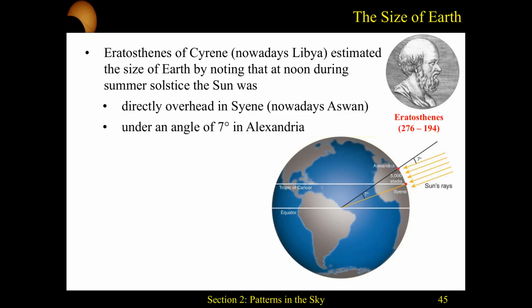Another problem that astronomers like to tackle is how big something is. Imagine trying to measure the circumference of the Earth. You can't exactly grab a string and wrap it around the circumference of the planet. So here was an ancient astronomer's method to solve the problem. This was a man named Eratosthenes, who was born in 276 BCE.